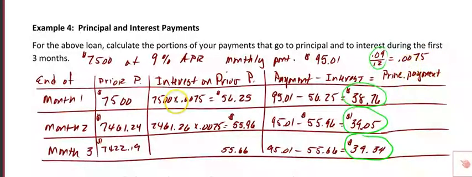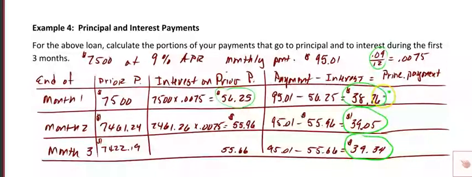So I'll take the 7,500 times 0.0075, and that's going to tell me how much interest I'm paying that first month. Well, the interest is $56.25, and I'll subtract that from the $95.01 payment to find out how much is actually going towards the principal of this loan. When I subtract them, I see that $38.76 of my payment goes towards the principal.